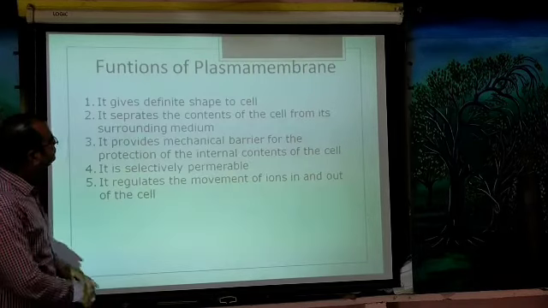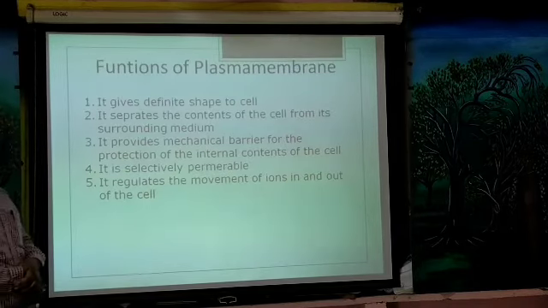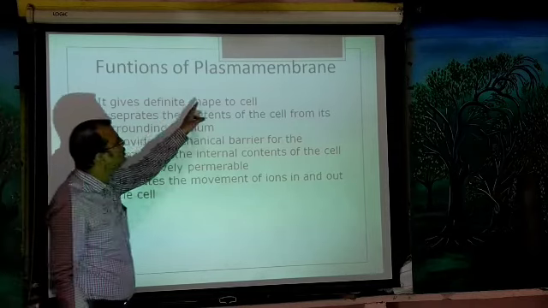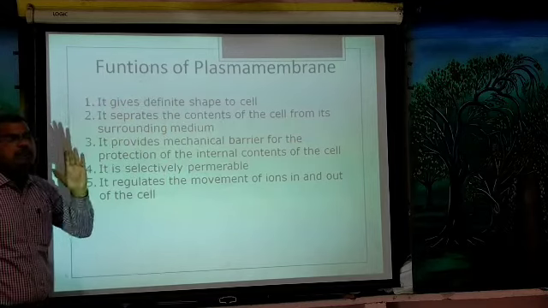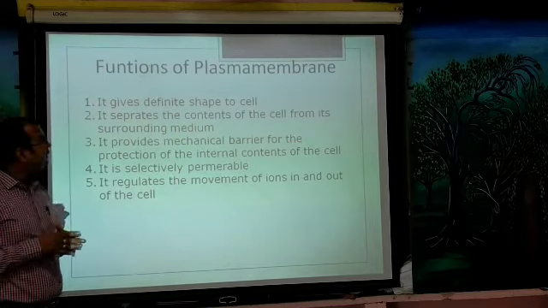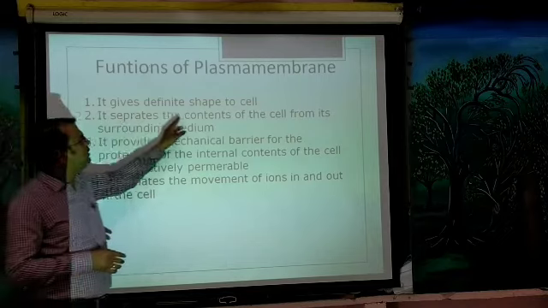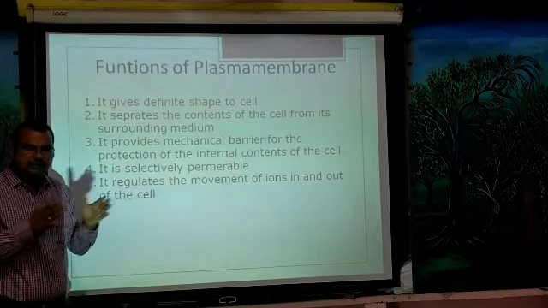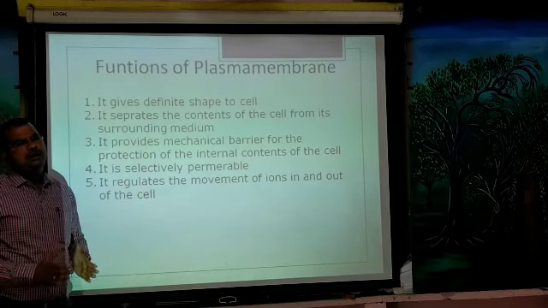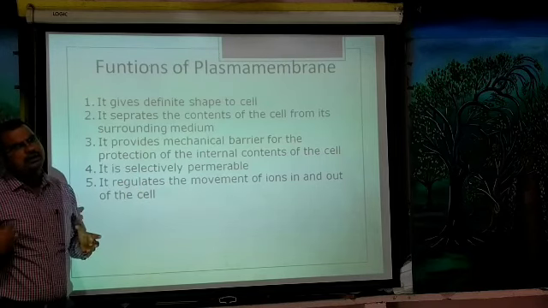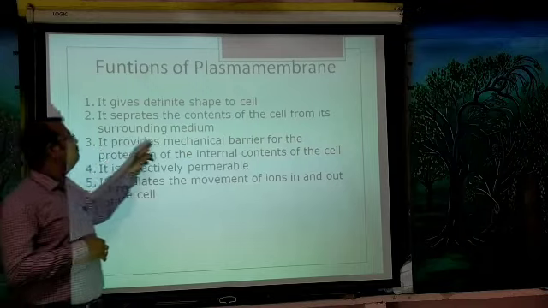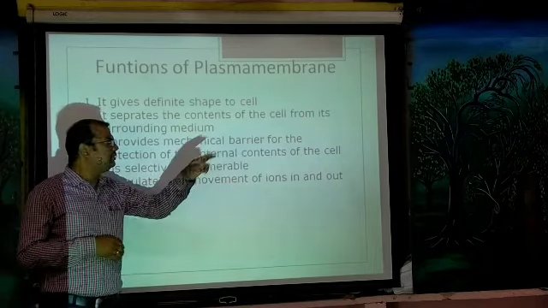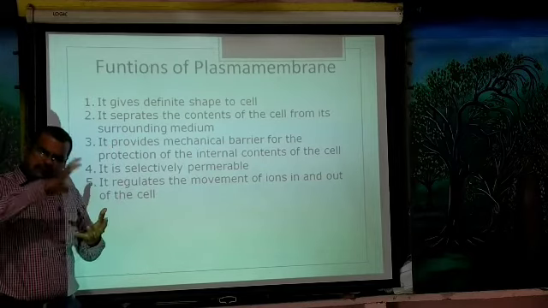The next one, the function. What is the function of the plasma membrane? First, it gives a definite shape to the cell. Second, it separates the contents of the cell from its surrounding medium. It provides a mechanical barrier for the protection of the internal contents of the cell, because it is a covering.